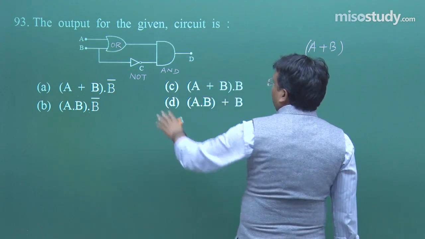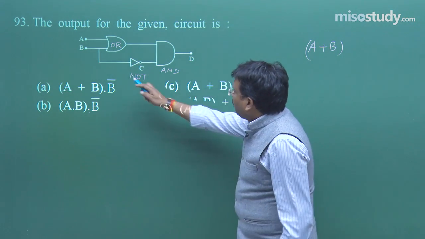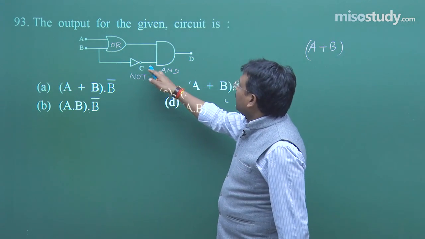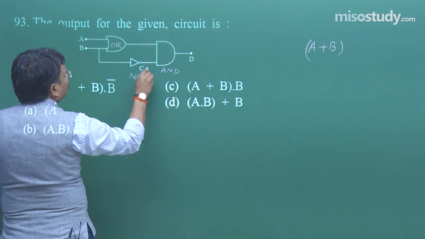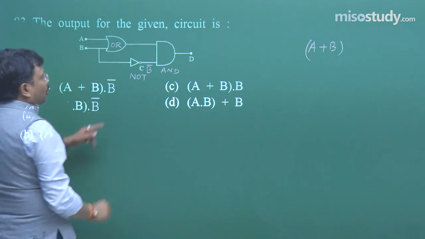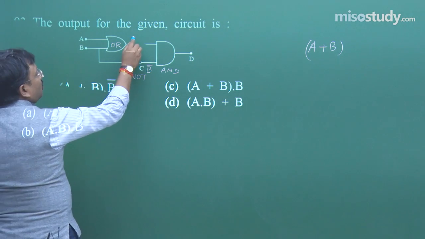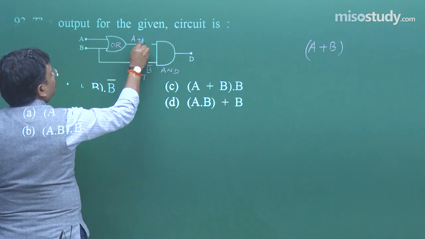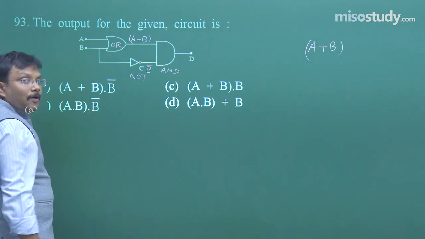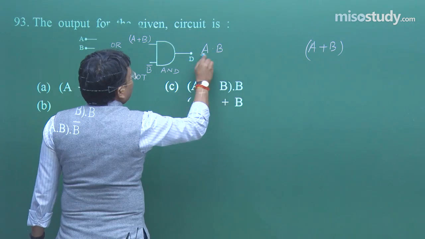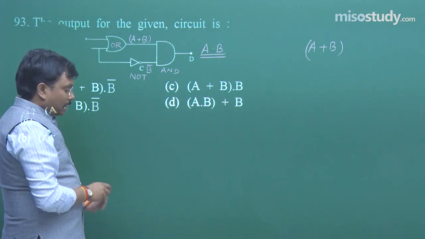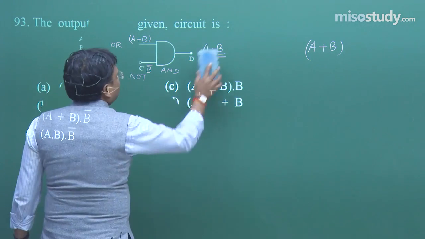It is true for this situation. But whatever the B input, it will get inverted because of this NOT gate. And for AND gate, A dot B type of result is true. I think you will get confused.